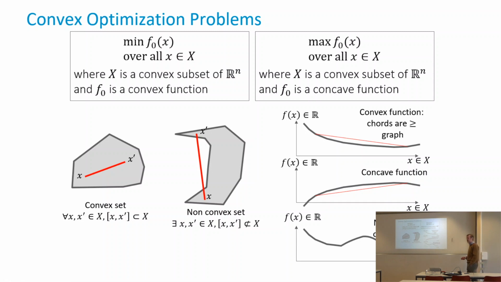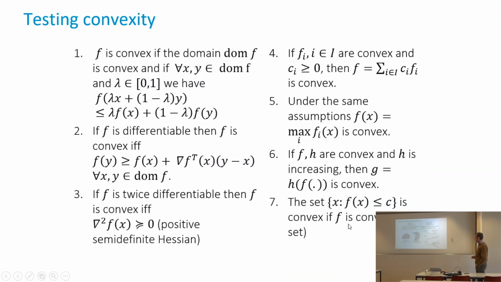If f0 is convex, minus f0 is concave, and vice versa. We go from this to that by changing the sign here. Of course, there are many functions, and if you take an arbitrary function, it will be neither convex nor concave. For example, the sine function here. And functions like this, of course, will not lead to a convex optimization problem.